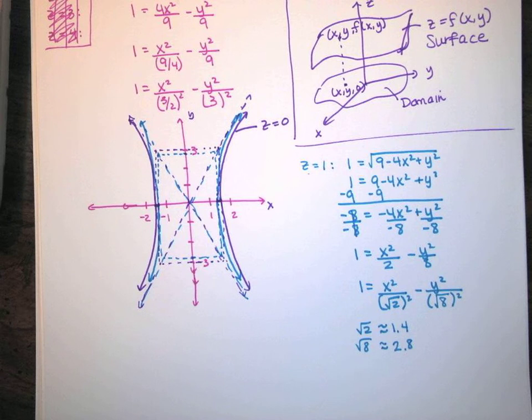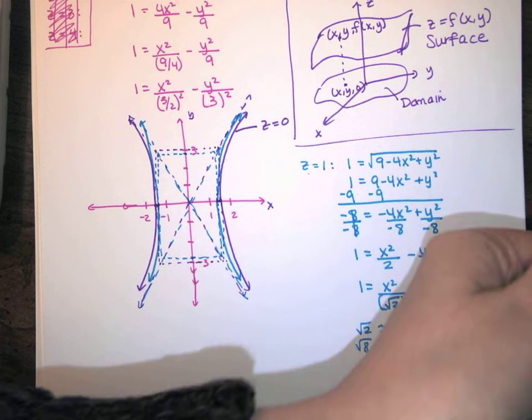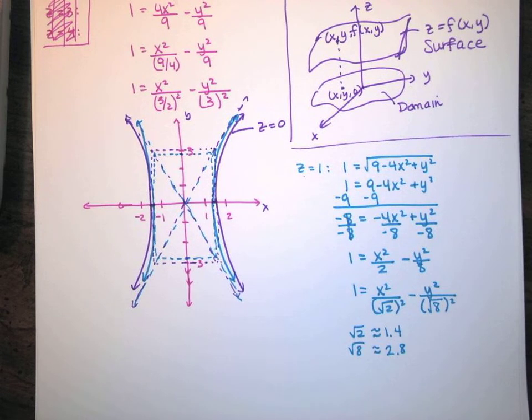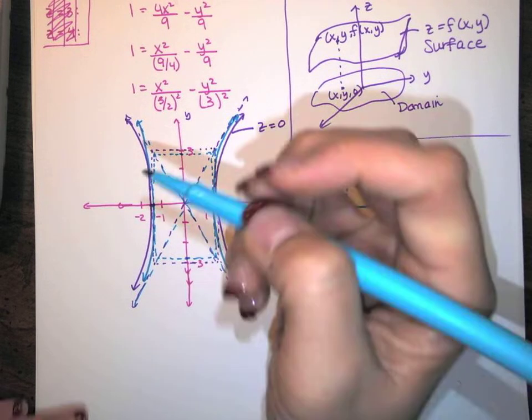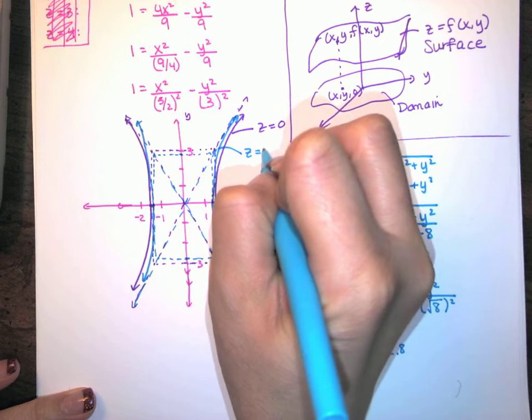Okay, I'm only going to do one more. I don't think there's any point in going all the way out to z equals 4. So let's do one last one. So that blue one was z equals 1.